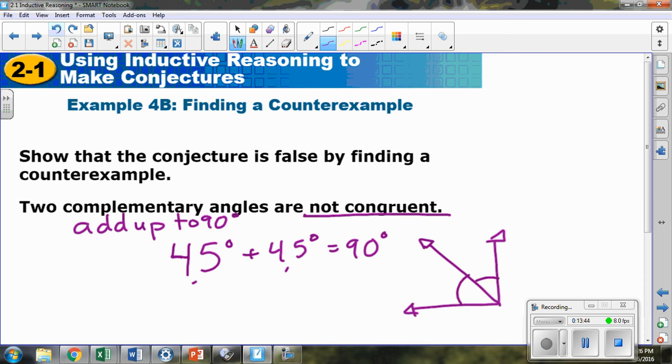And especially if we draw in some arcs there, we have two angles. We know that they are congruent. We can see that they form a 90. The drawing is enough to say that this conjecture is false. We could have also used the number for 45 degrees to show it's false. There's more than one way to do it.